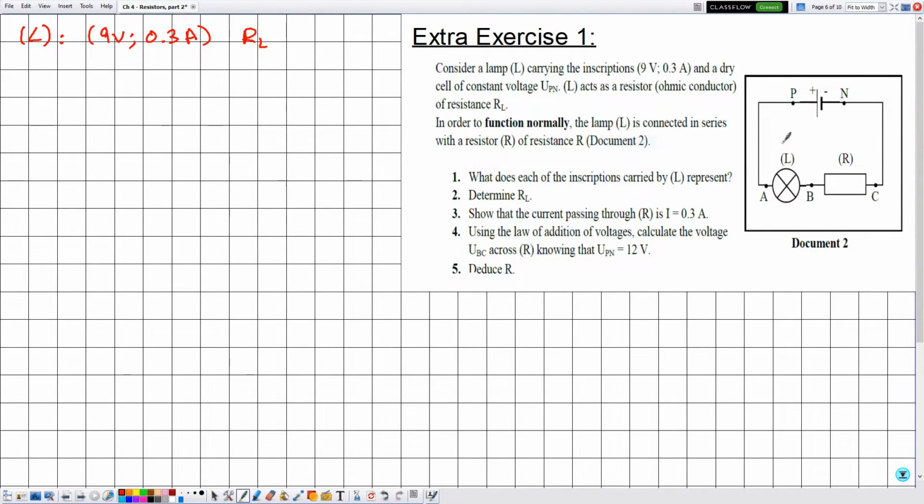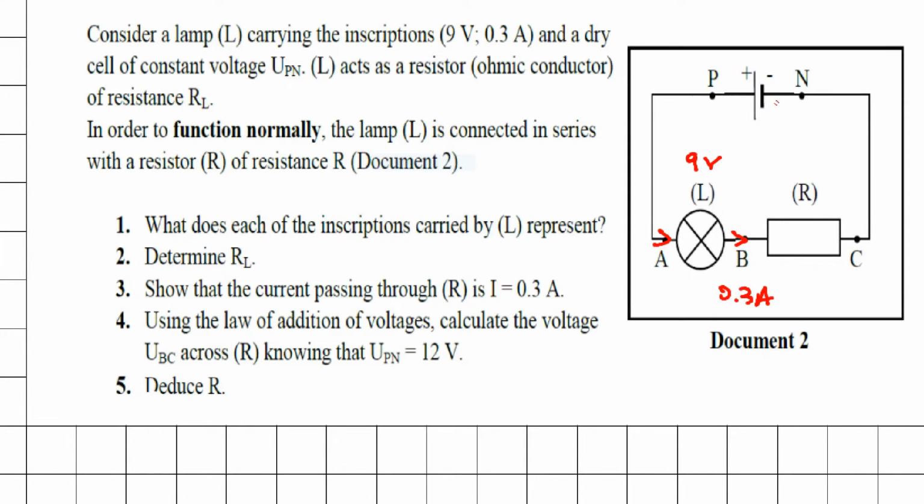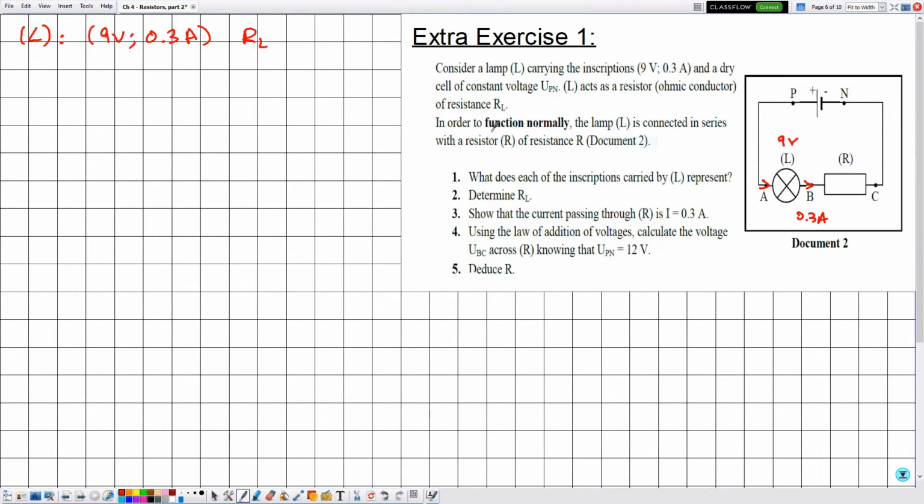So now the applied voltage across the lamp is equal to the rated voltage, and the electric current traversing the terminals of the lamp is given by 0.3 amperes. So why have I done so? Because they mentioned that the lamp is functioning normally. It is connected in series with the resistor R of resistance R, document 2. They mentioned document 2, so now we can use it.